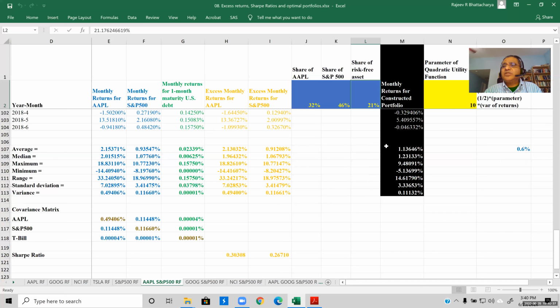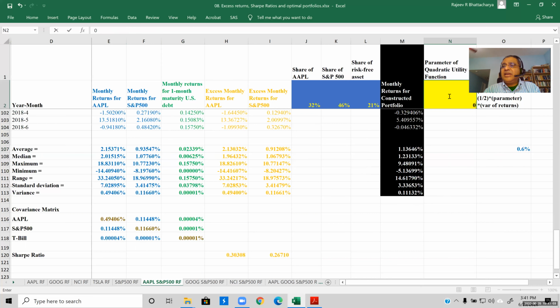Just as we did earlier, we calculate the monthly returns of this constructed portfolio. This here gives you the expected utility: M107, which is the average, minus half times N2, which is the parameter of the quadratic utility function, times M113, which is the variance. Okay, so we got it right.